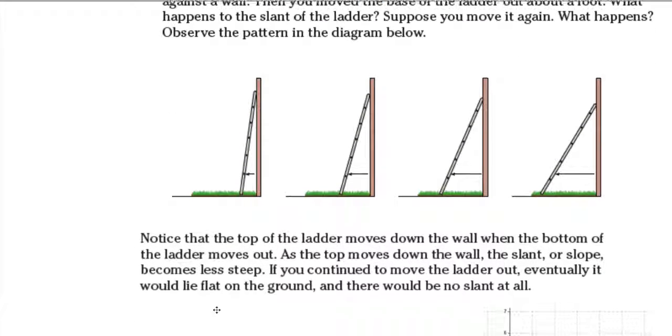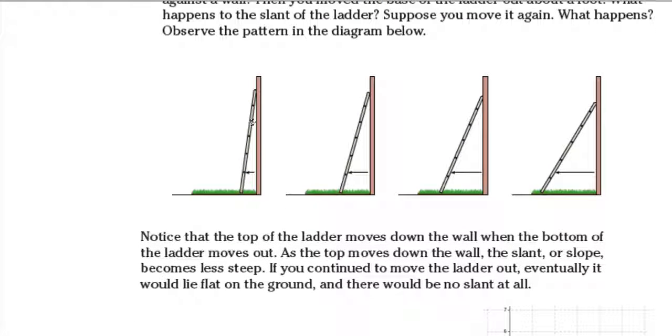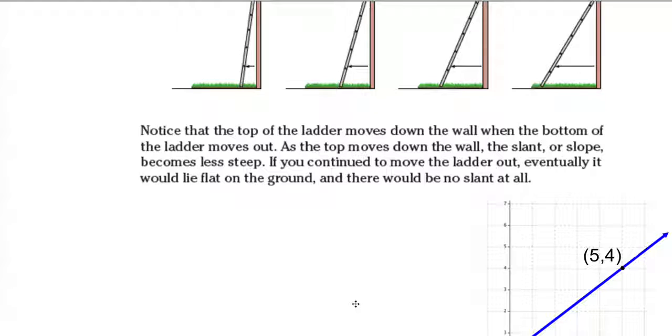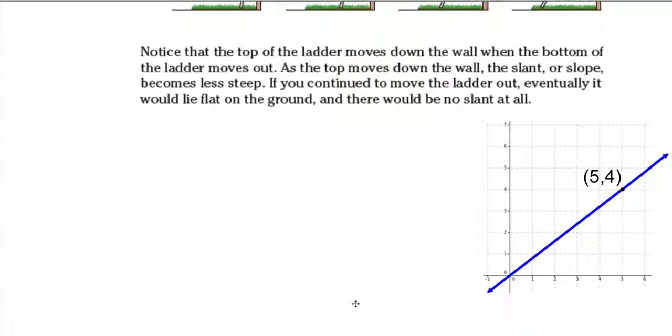The top of the ladder moves down the wall when the bottom of the ladder moves out. As the top moves down the wall, the slant, or slope, becomes less steep. If you continued to move the ladder out, eventually it would lie flat on the ground and there would be no slant at all. The slant that we're talking about in this case is called the slope.